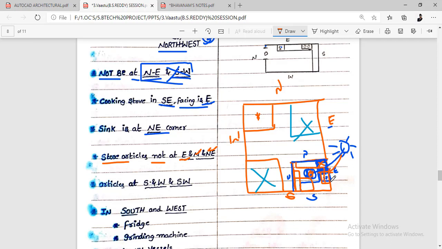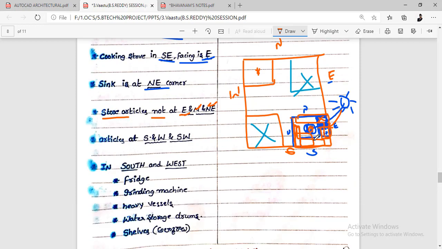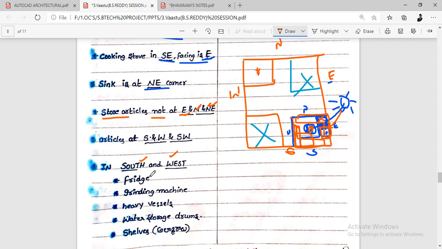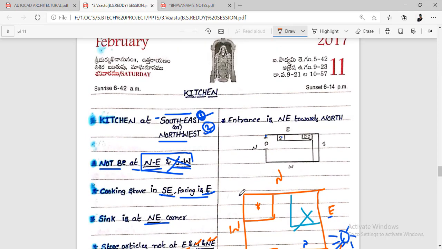This corner portion you can't provide, and only at this portion you can provide the top and bottom. You can provide all the store articles, some glasses and these things. Articles at southwest, this portion we need to provide. And come to here, the fridge is southwest. We can provide a fridge and grinding machine, heavy vessels and water storage drums and sieves, almirahs and all these things.